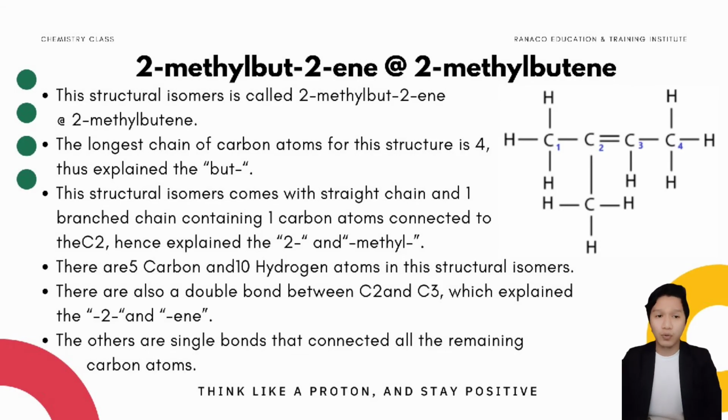Hence, this explains the 2 and the methyl. There are 5 carbon and 10 hydrogen atoms in the structural isomer. There is also a double bond between C2 and C3, which explains the 2 and the "ene". The others are single bonds that connect all the remaining carbon atoms.